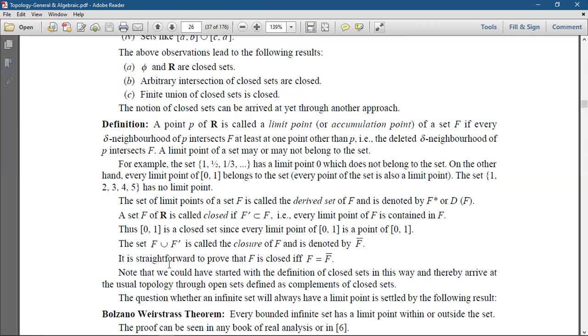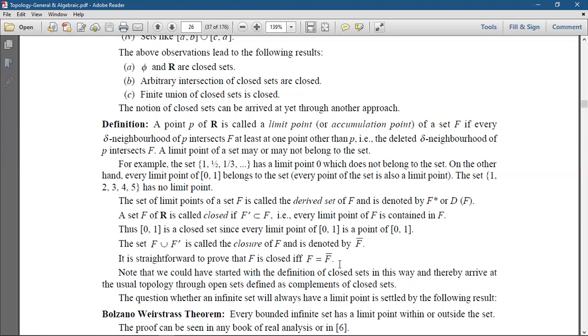The set F union F complement is called the closure of F and is denoted by F bar. It is straightforward to prove that F is closed if F equals F bar.